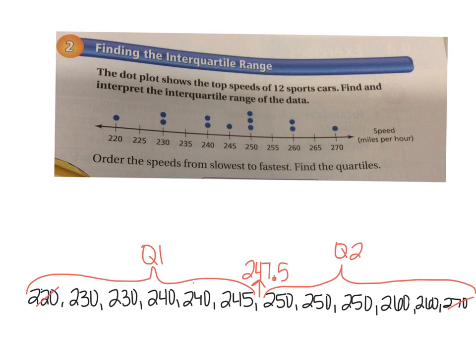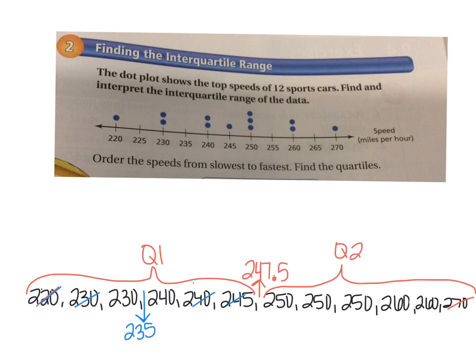The next step is to find the median of each of those. So in Q1, if I take one off the front, take one off the back, take one off the front, take one off the back, I have two medians. I have to find the mean of them. 230 plus 240 divided by 2 would be 235. So my Q1 is 235.